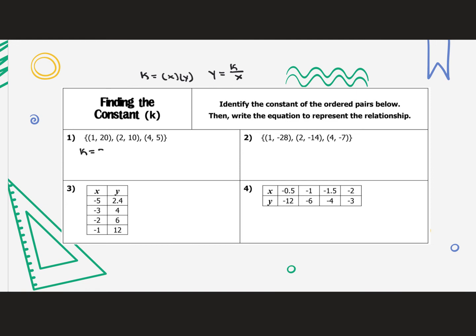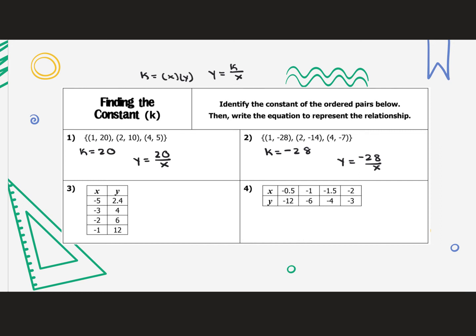So my k is going to be 20, which makes my equation y equals 20 over x. For number 2, I have -28 times 1, which is -28, -14 times 2, which is -28, and -7 times 4, which is -28. So my constant k is -28. So I have y is equal to -28 over x.